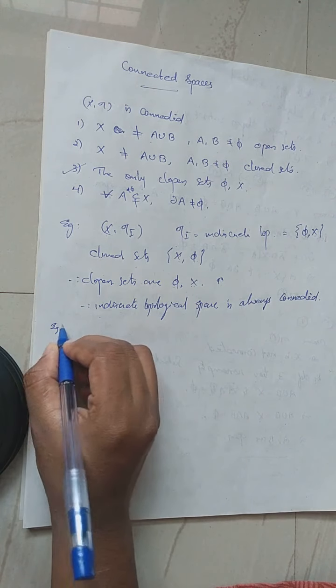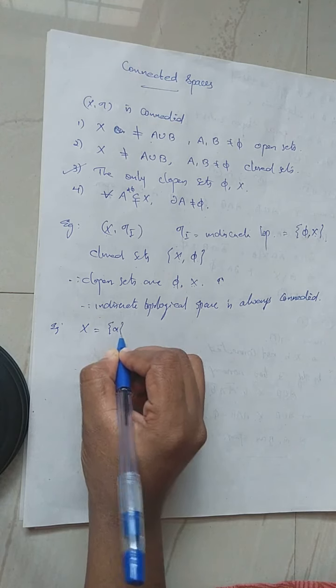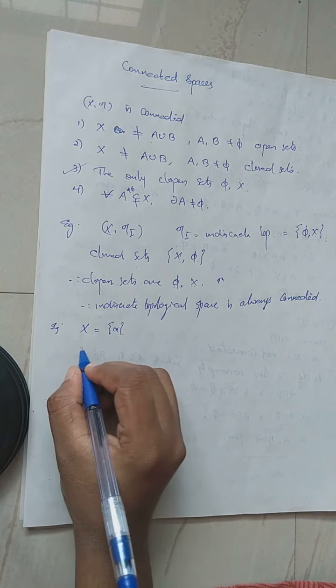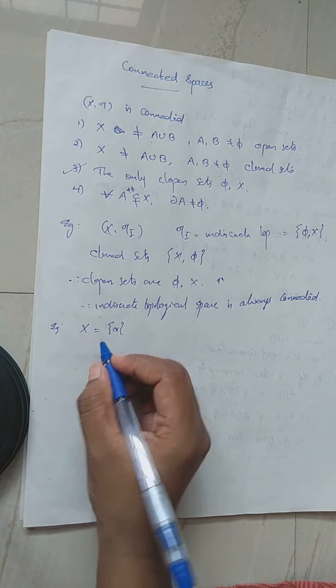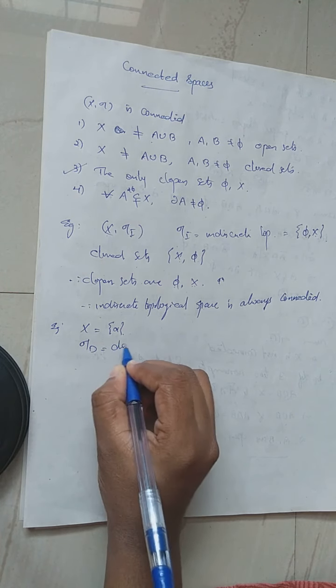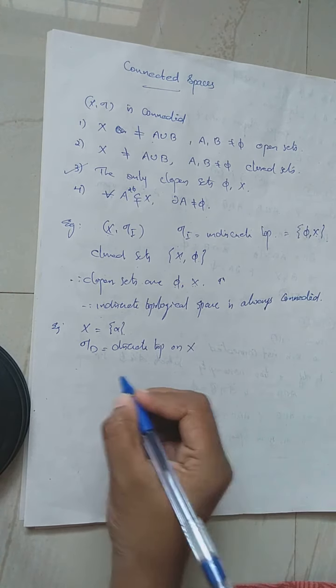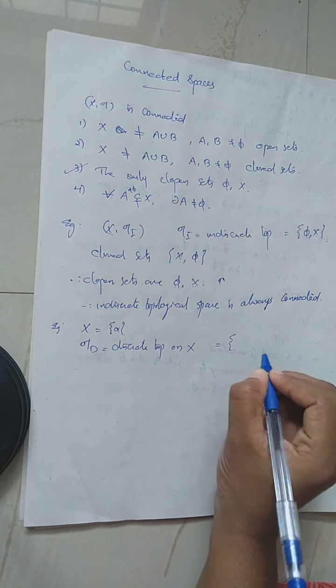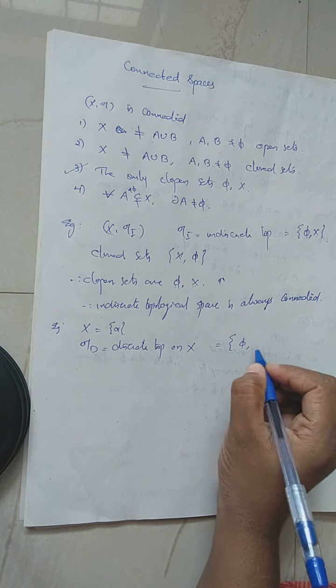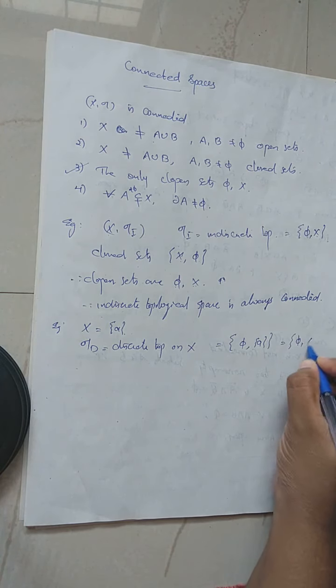Another example: consider X equal to a singleton set {a}. Then find the discrete topology tau D on X. What will be the discrete topology? It consists of the subsets of X, so it is nothing but the empty set and the singleton {a}, that is, the empty set and the whole X itself.